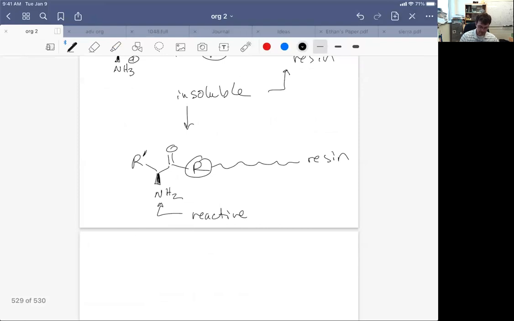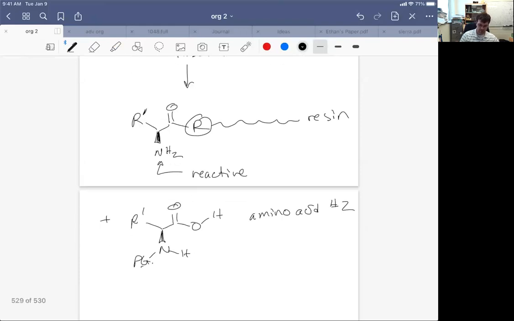Okay, so what we're going to do is we're going to add amino acid number 2. And we're going to have amino acid number 2 protected at nitrogen. So I'm going to put PG here for protecting group. Now, the protecting group can be what's called a Boc group or an Fmoc group.